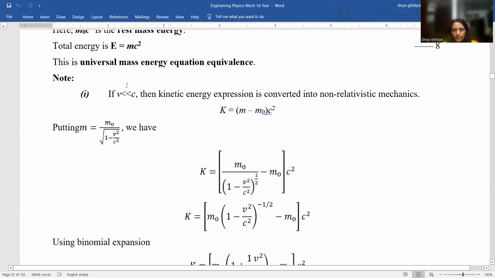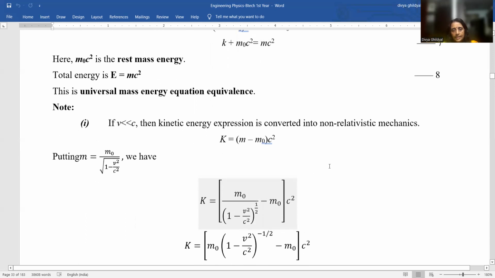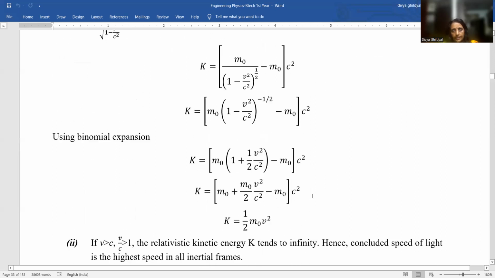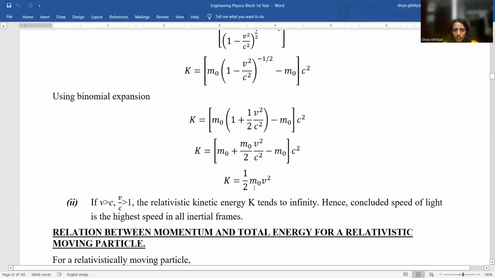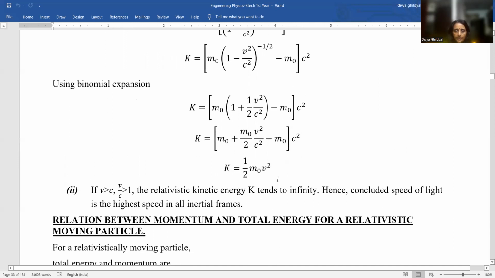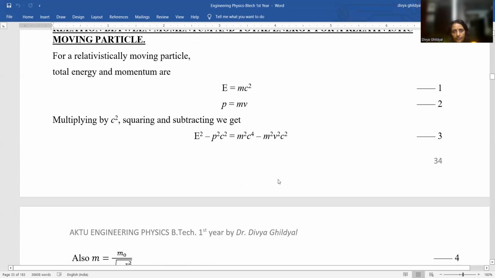If v is very much less than c, then this kinetic energy expression also gets converted back to non-relativistic mechanics. Instead of m, now put m naught upon under root 1 minus v square by c square, and you observe that if v is less than c, it will get back to k equal to half m naught v square. That is the kinetic energy of classical physics.